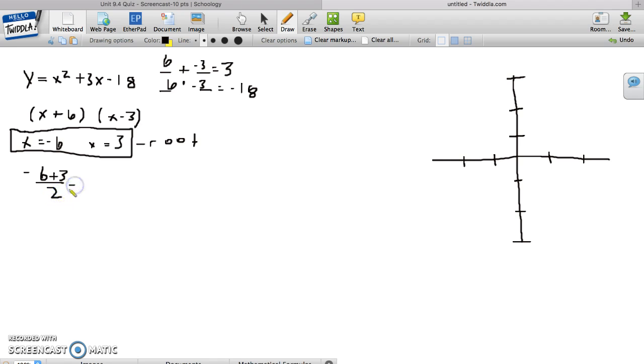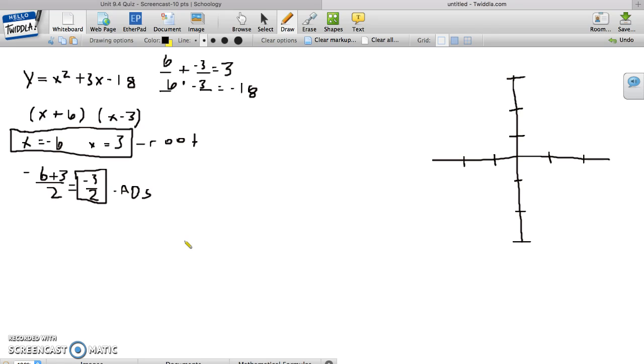By doing that, you should get negative 3 over 2. And that is our x point. And that is also our axis of symmetry. So we're about halfway there. Now I have to just find the rest of our vertex and graph the equation.